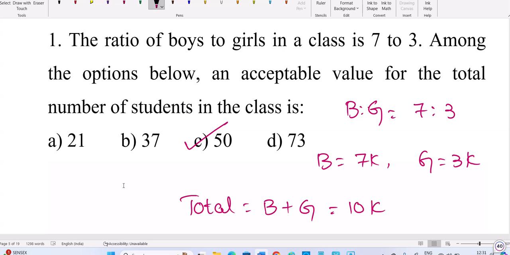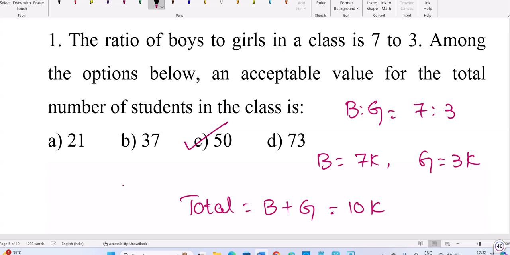See, boys must be an integer, right? I can't say the number of boys is 12.5, and 3.3 girls is not acceptable. Boys and girls count must be integers, which means K must be an integer. If I want boys and girls to be integers, 7 into K must be an integer value. If K is 1.1, 7.7, not satisfied.